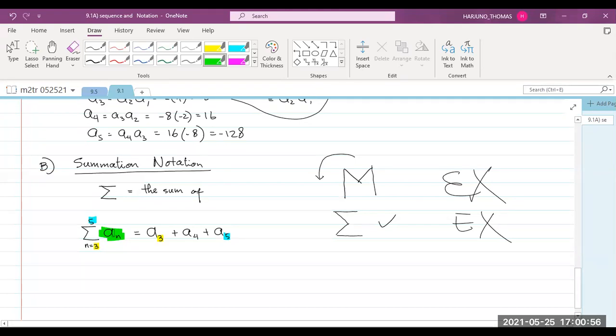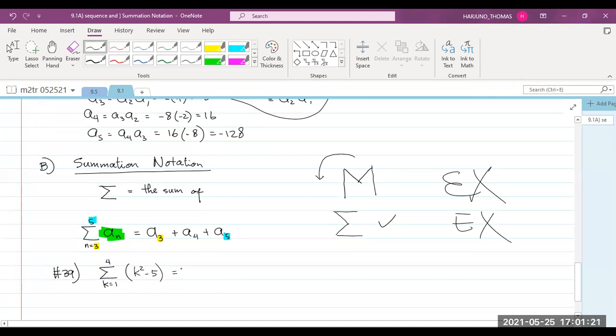So let's do simple stuff. Suppose I look at number 39. The summation for k equals 1 up to 4 of k squared minus 5.